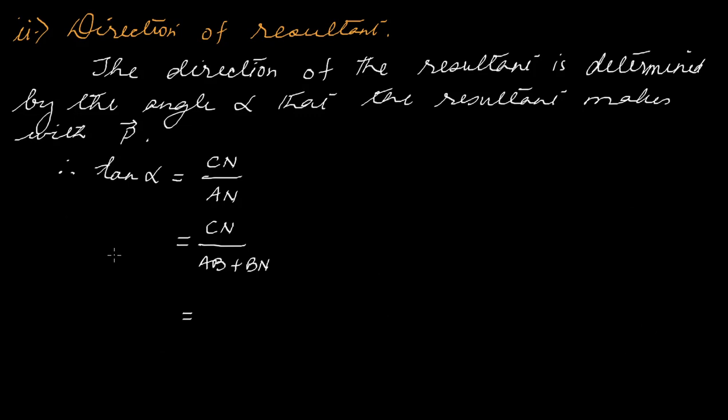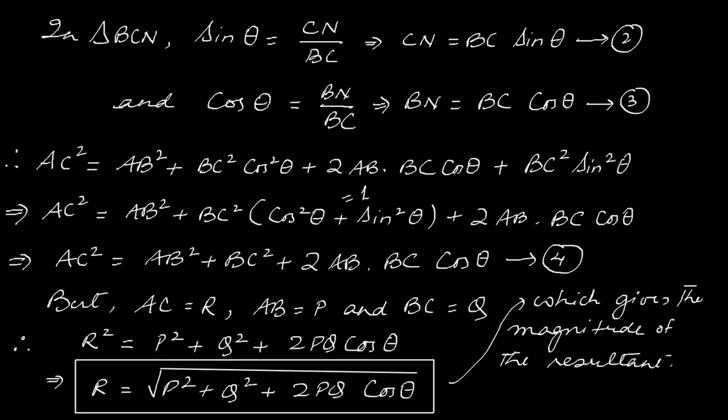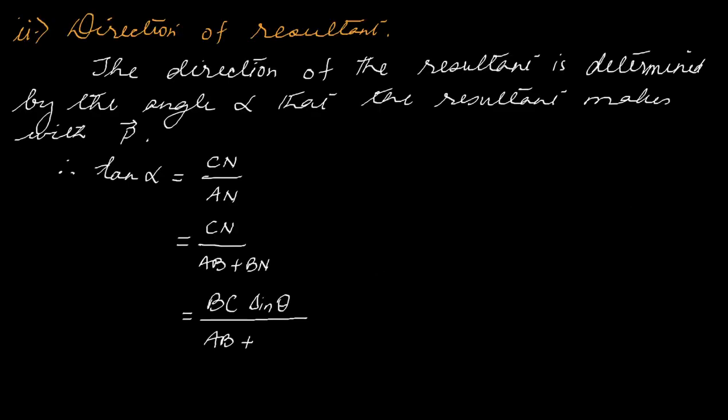So instead of CN, let me write BC sine theta, over AB plus, instead of BN, BC cos theta. On the left hand side we have tan alpha.